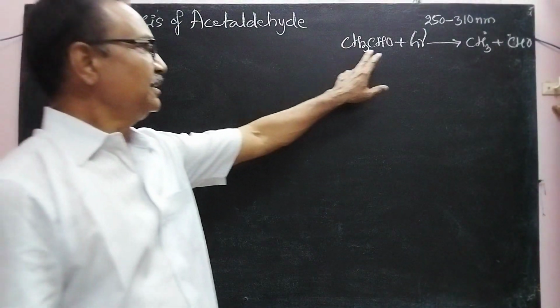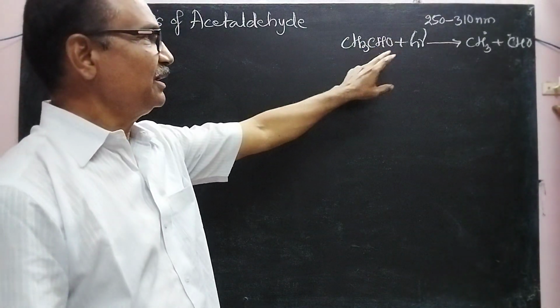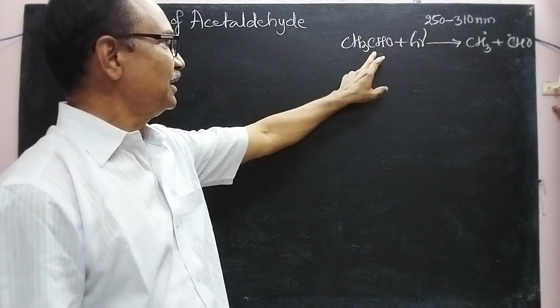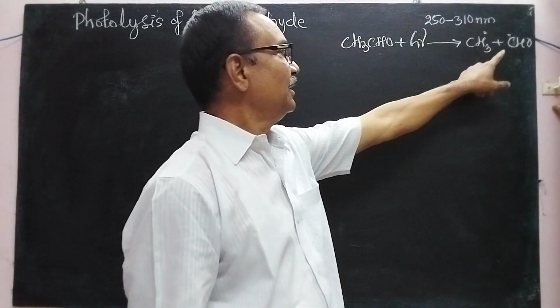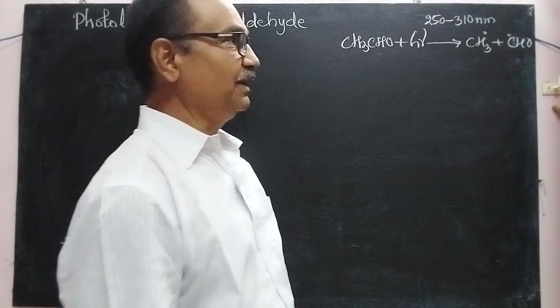Now, this is a photochemical reaction. It is a primary process. Here, one quantum of radiation is absorbed by acetaldehyde, and a methyl free radical is formed, and acetyl free radical is also formed here. These are the free radicals.